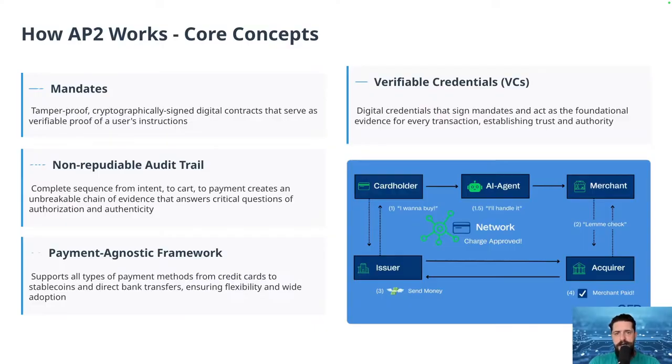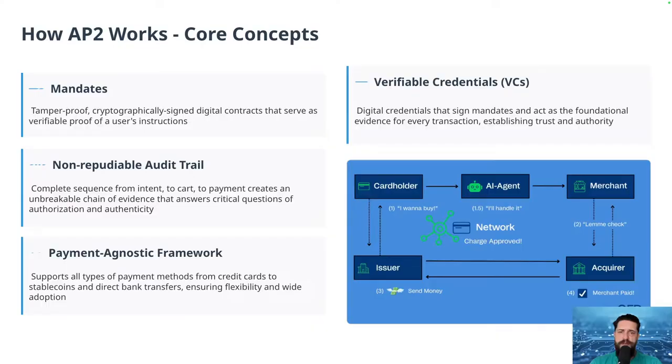These mandates are signed using verifiable credentials, or VCs, which are like digital ID cards that prove the identity and authority of the user, the agent, and the merchant. This combination of mandates and VCs creates a foundation layer of trust for every transaction.